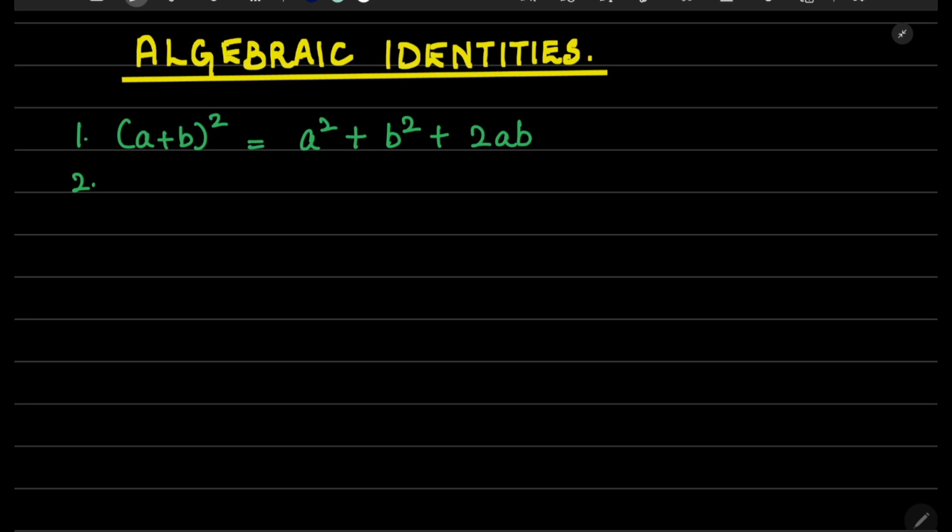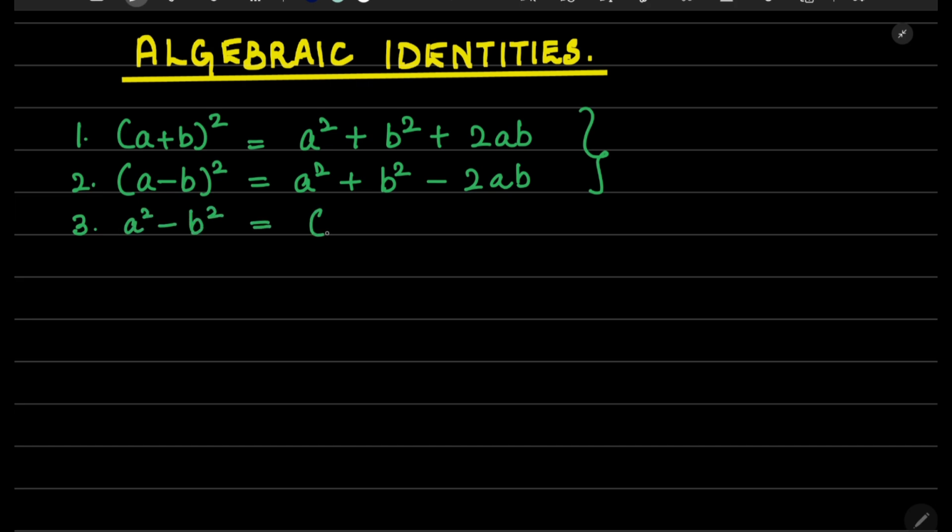The second one is (a minus b) the whole square, so a square plus b square minus 2ab. The third one is a square minus b square, which is nothing but (a plus b) into (a minus b).